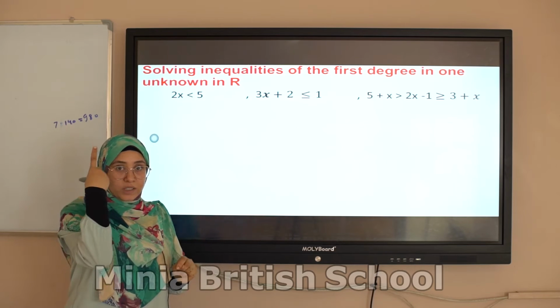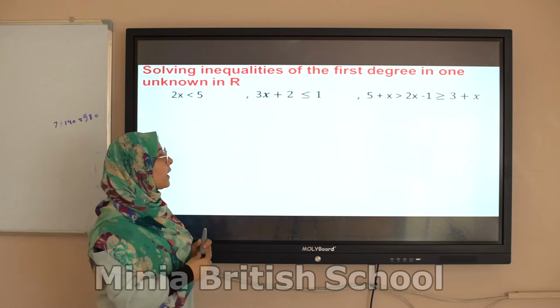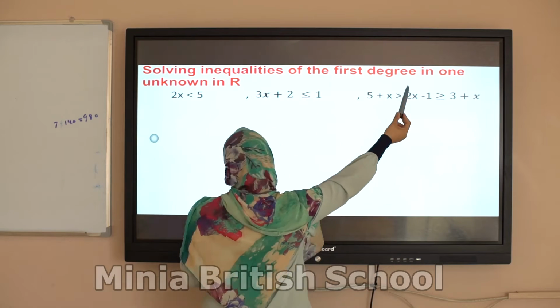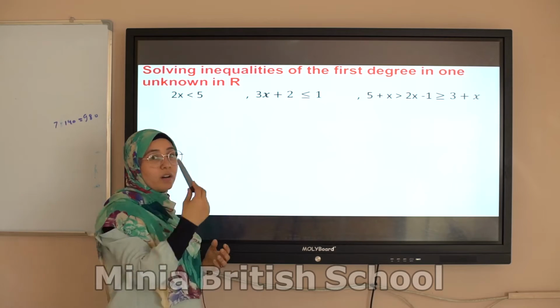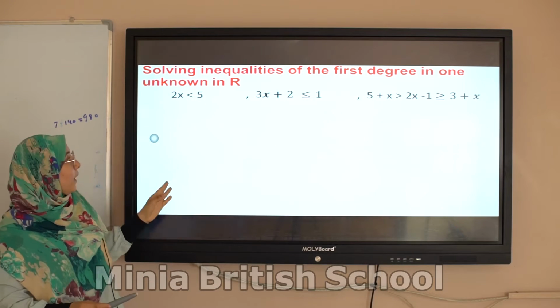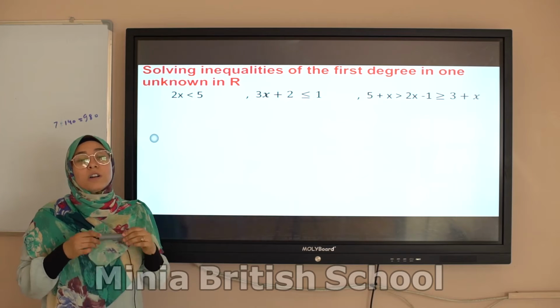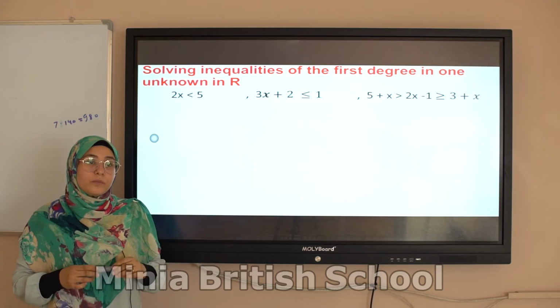First degree because the index of the variable x equals 1, and here I have only one unknown, one variable x, okay? So these are inequalities of the first degree in one variable, or one unknown.